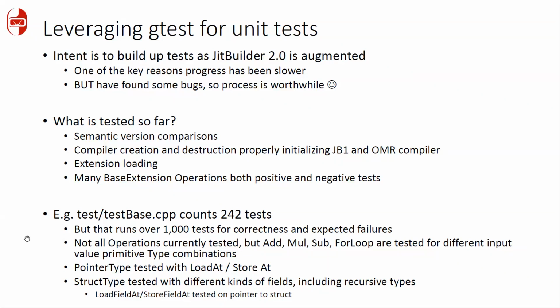So there's a builder notion that I've introduced for creating struct types and pointer types, which provides a mechanism for defining a type that refers either to itself or to another type that hasn't yet been fully defined. It's kind of an interesting thing. So there's a struct type builder and a pointer type builder that you can use to construct types that are fairly complicated. And that's all been tested.